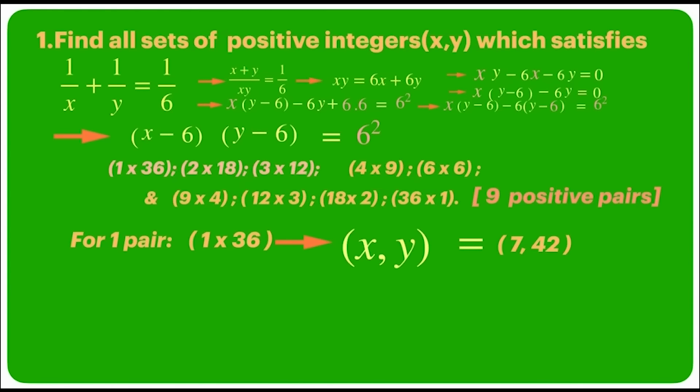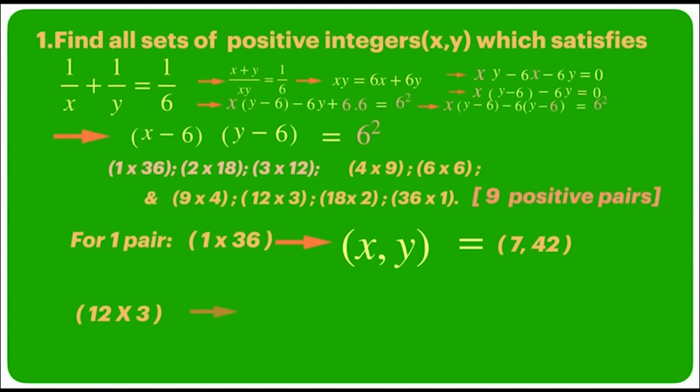And for the next pair of factors, that is 9 into 4, we will also get another set of values of x and y. x equals 9 plus 6, that is 15, and y equals 6 plus 4, that is 10.